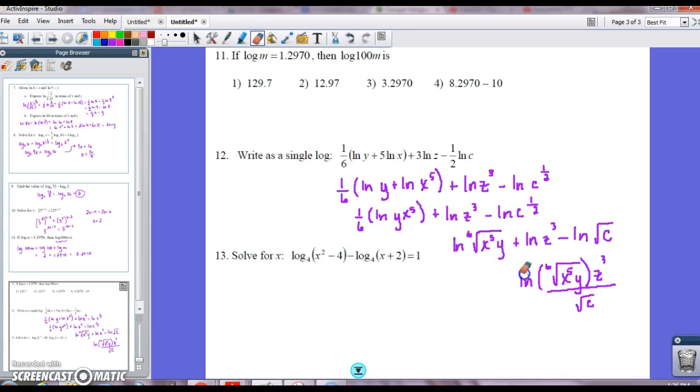And I would write the ln out in front of that whole thing. So it would be ln of that whole thing. Okay, so you just have to be careful with the parentheses there, but if you take it one step at a time, it's not too difficult of a problem.